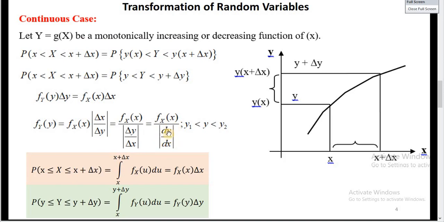If the function is constant at any point, then dy by dx is 0, while the function fy is not defined. So now this is the formula that we need to use in order to find the probability density function of a continuous random variable y in terms of the known probability density function f of x and the derivative of the transformation y equals g of x.